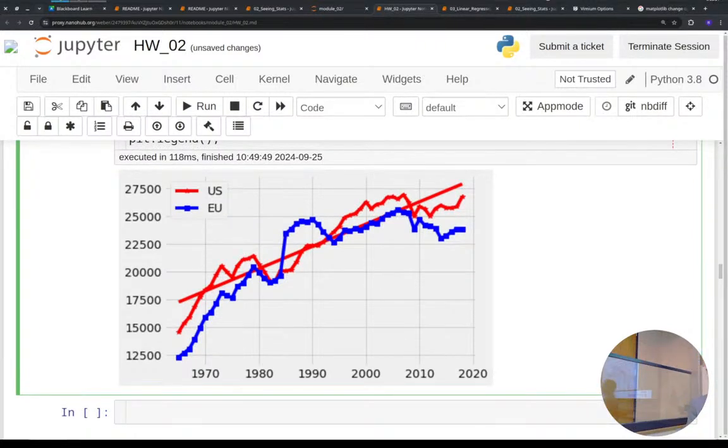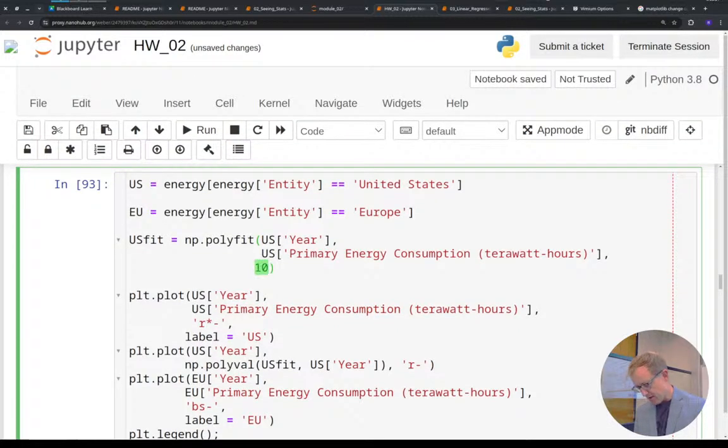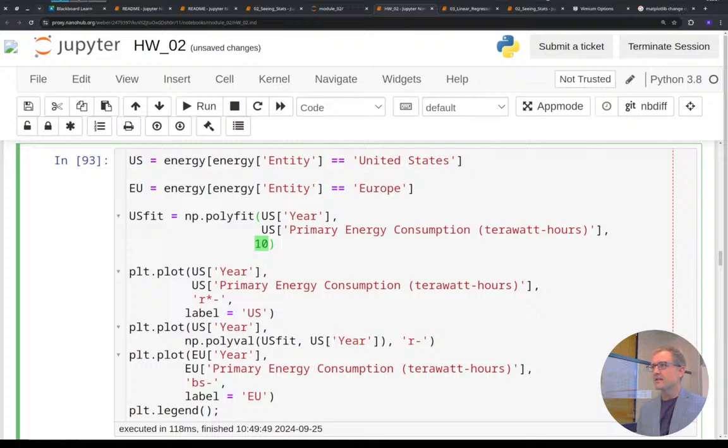Quadratic, cubic, quartic, pentic? What's fifthic? I don't know. Pentic? Sixic? There's nothing like big, right? It's a 10th order polynomial.